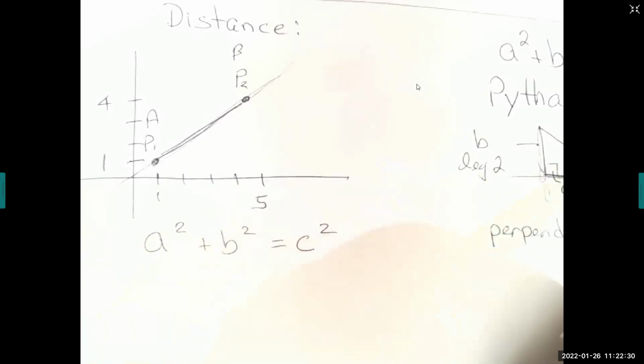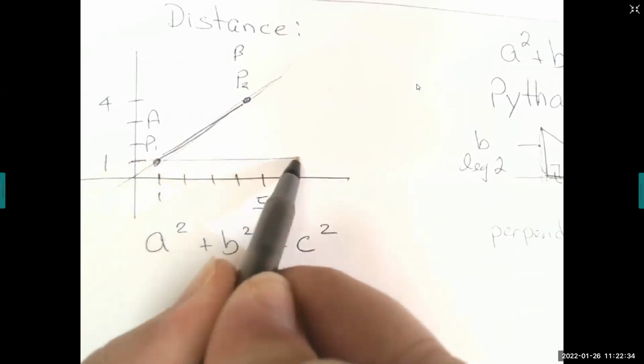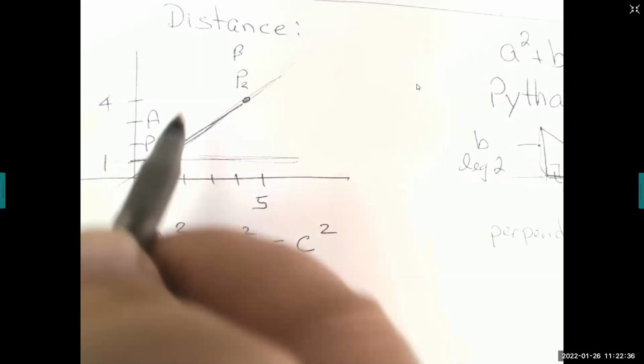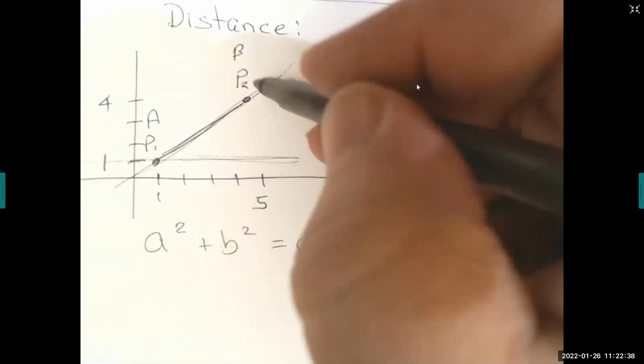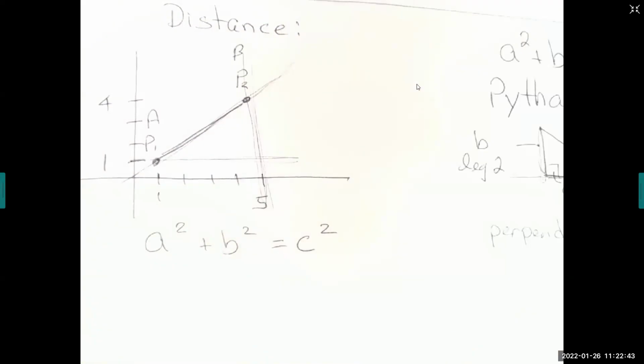So we need a triangle, don't we? Through point 1, let's draw a horizontal line. Let's draw a vertical line through point 5. There's a 90-degree angle.